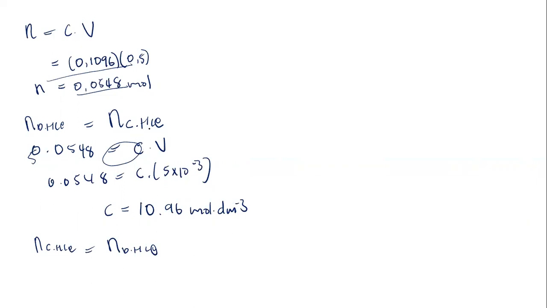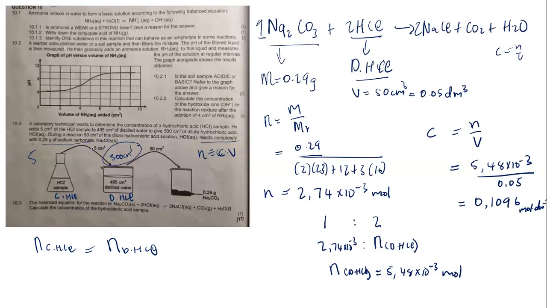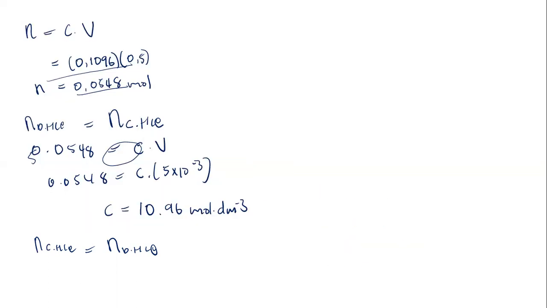You do not have it to start with. So we're going to present this in terms of C multiplied by V. And therefore concentration is what you're looking for of that concentrated hydrochloric acid. And the volume of that concentrated hydrochloric acid, you just took only 5. Hence here we're going to substitute 5 divided by 1,000, converted to cubic decimeters, 5 times 10 to the power negative 3. And therefore, voila, you get your concentration.